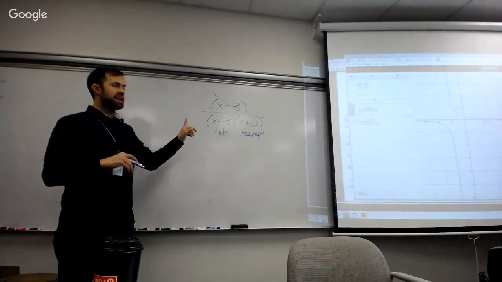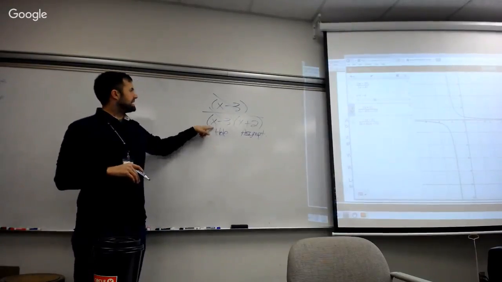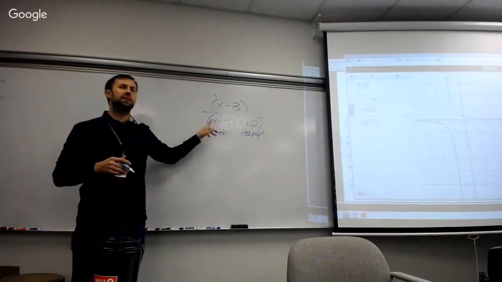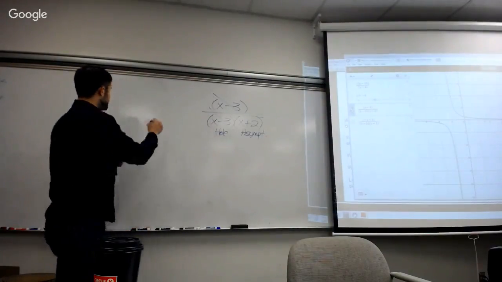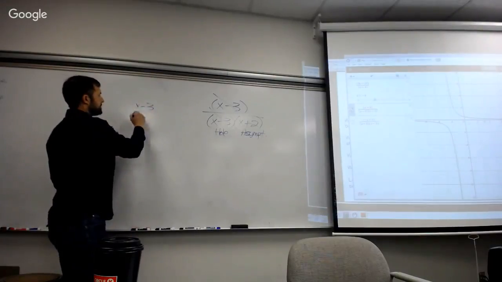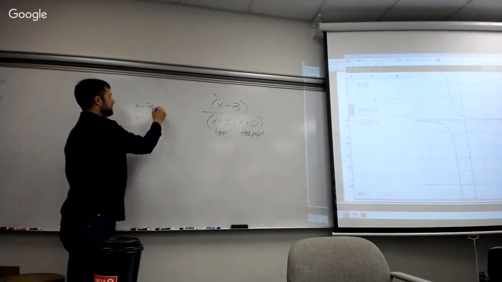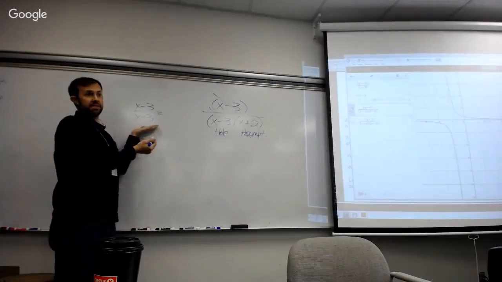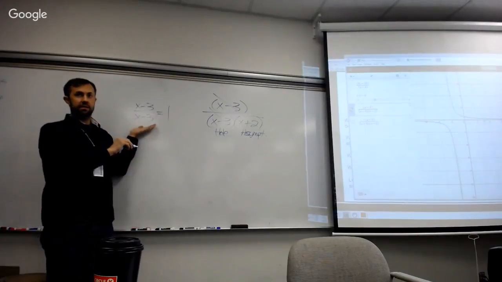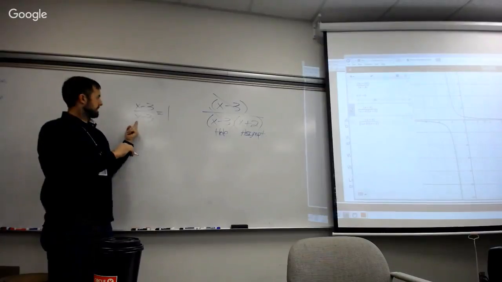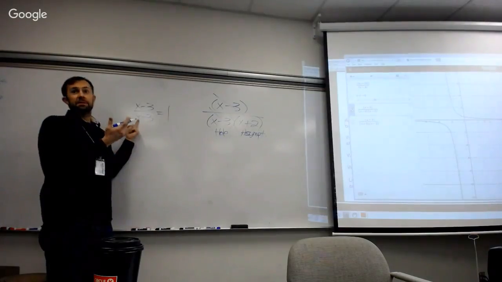Now, we might be able to answer why it is that if you can cancel something out, it causes a hole. Because let's remember, what is (x minus 3) over (x minus 3) equal most of the time? Most of the time, this thing is equal to 1. But when is it not going to equal 1? When x happens to be 3.